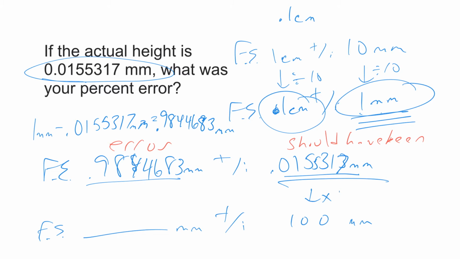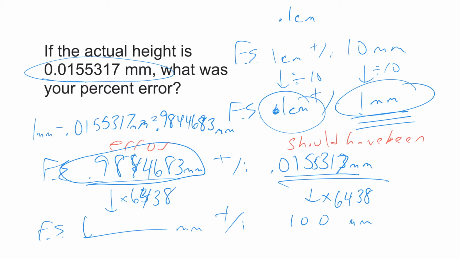So this is times 6,438, and you can see this number is pretty close to 1. So when I multiply that by the 0.98, I get 6309. So if these were my actual numbers, I'd be off by 6,309%.